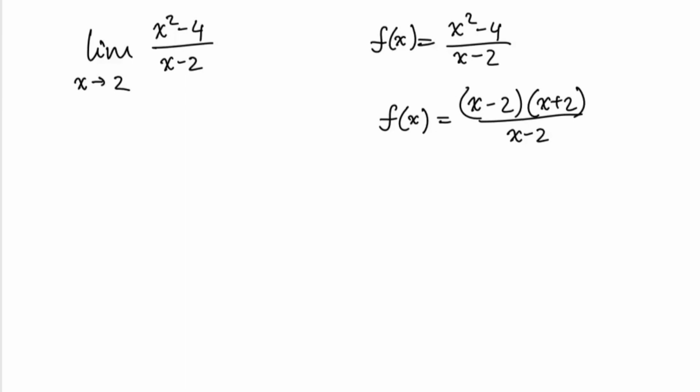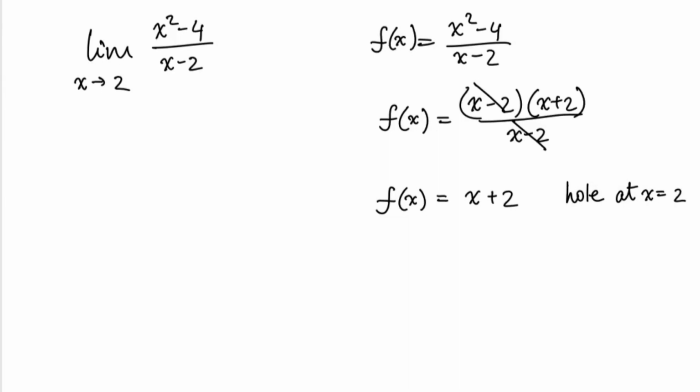I can clearly see that there are two identical factors that can be reduced, x minus 2 and x minus 2. They are eliminated completely. So I can see that there is a hole at this point. When two factors reduce completely in the numerator and denominator, it creates a hole in the function. And the simplified equation of this function is f of x equals x plus 2, and there is a hole at x equals positive 2.